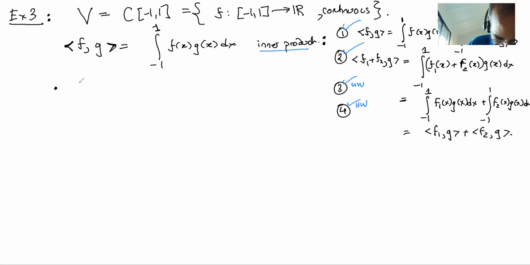But let's look at some functions in this vector space. For f1, let's look at the function x. f1(x) is just x. That's a legitimate function. Let's compute its norm.